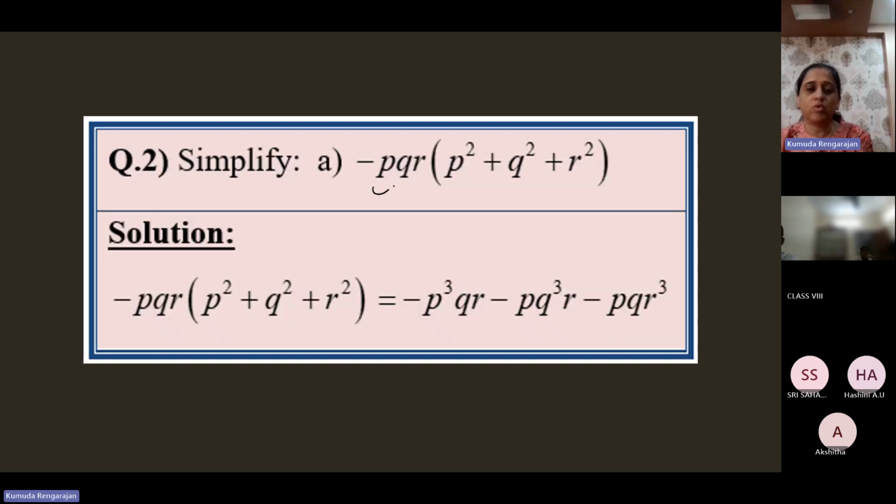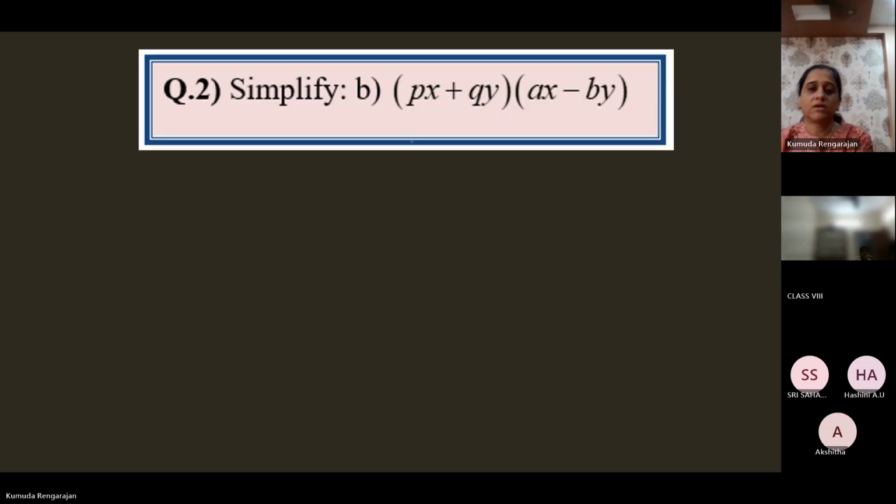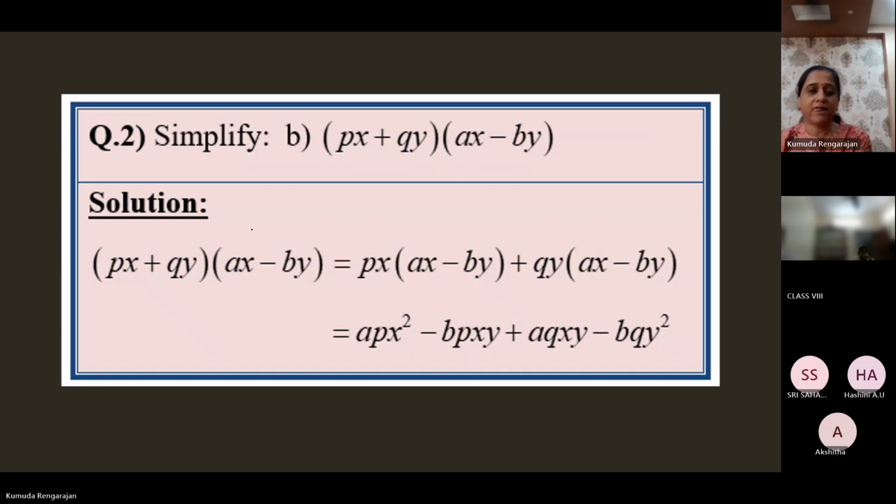This is multiplying a monomial with a trinomial. Multiplying, or the product of, a binomial with another binomial. Binomial into binomial. How do you do it? This term into the second bracket, then this term into the second bracket.